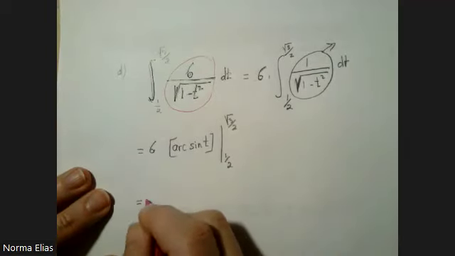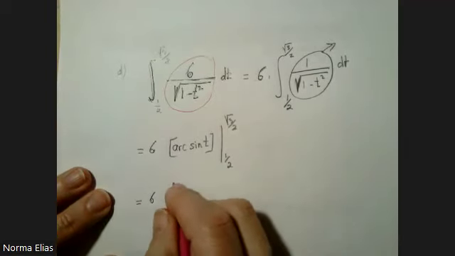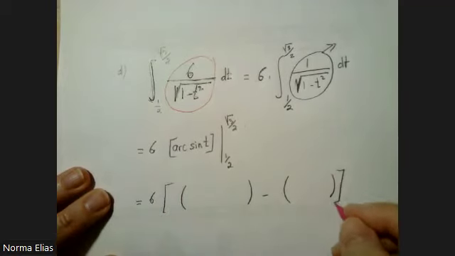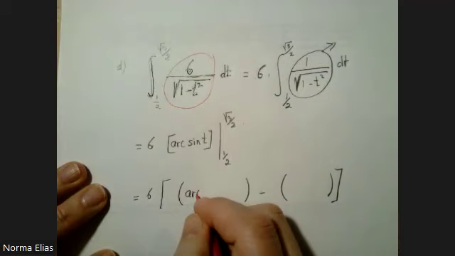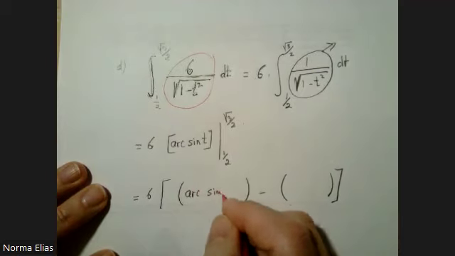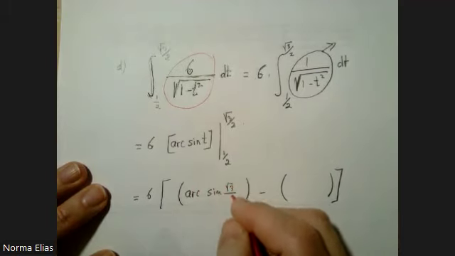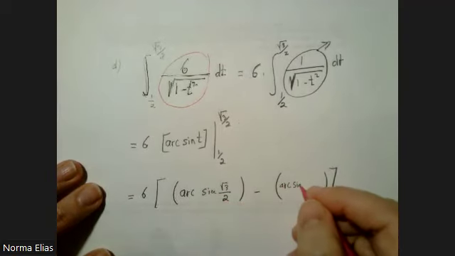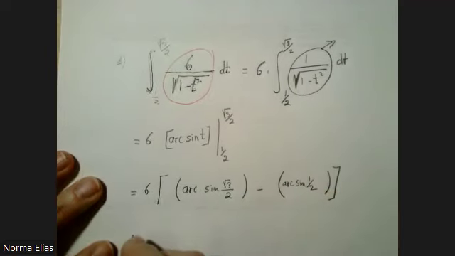So finally, that's 6 times the upper minus the lower. So that will give me arc sine of the square root of 3 over 2 minus arc sine of a half.